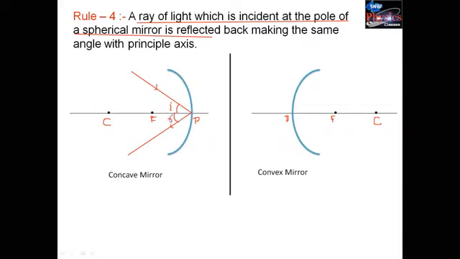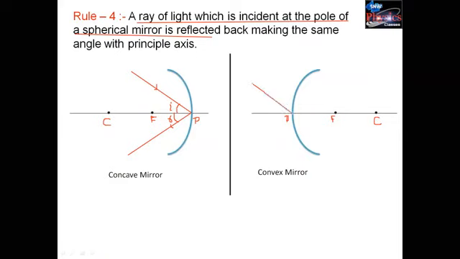Okay. So it follows the second law of reflection, and it is sent back making the same angle with the principal axis. The ray of light which is incident at the pole of the spherical mirror is reflected back, making the same angle to the principal axis. Again, we can see in the case of convex mirror, it happens the same.